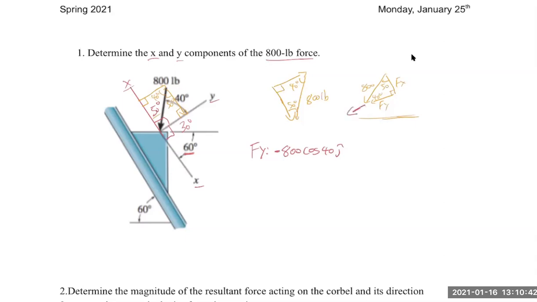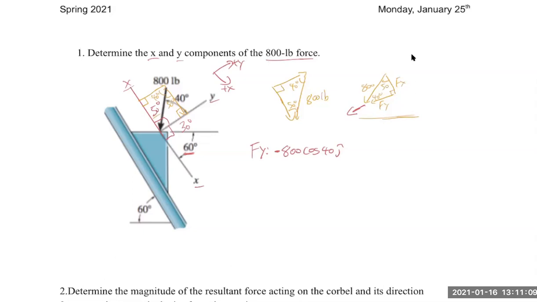From the system, we know that this is the positive x and positive y direction, so it's opposite from the positive y direction. So negative 800 cosine of 40. It's cosine because we know that y is adjacent to this 40-degree angle.